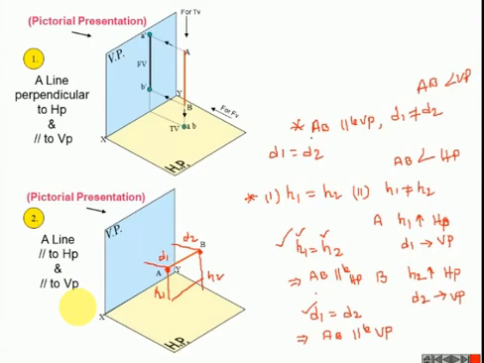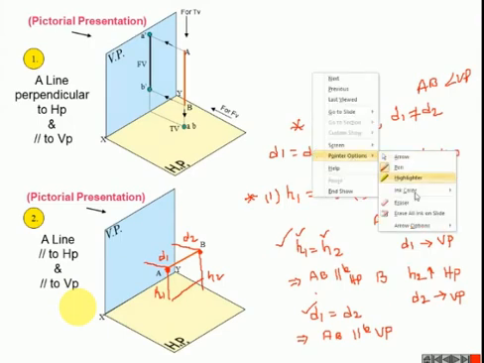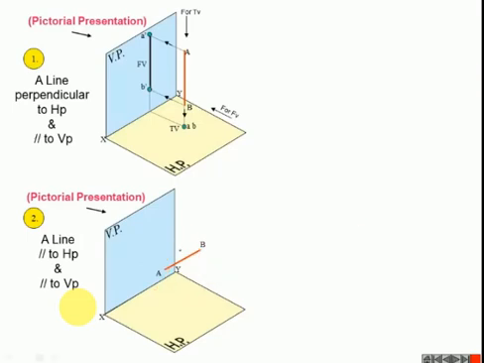Okay, so now we'll see the projections. Here is the direction of the observer for the front view. The front view is projected on the vertical plane as a true length. Suppose the length AB equals 40 mm, then the true length of the front view is also 40 mm.